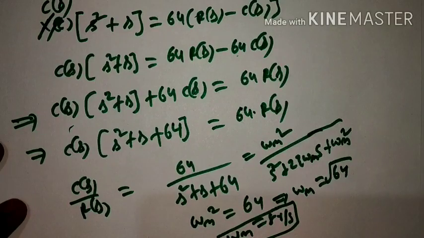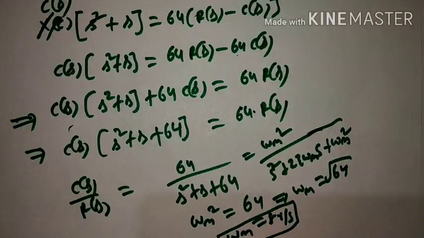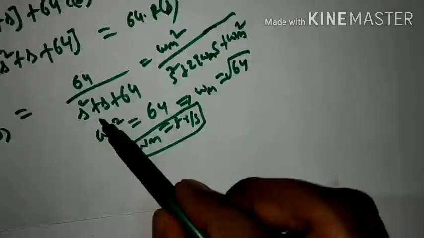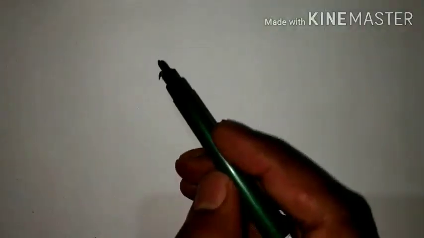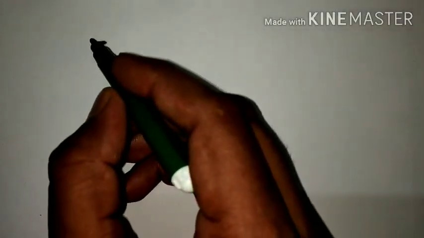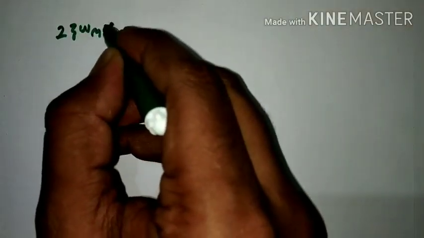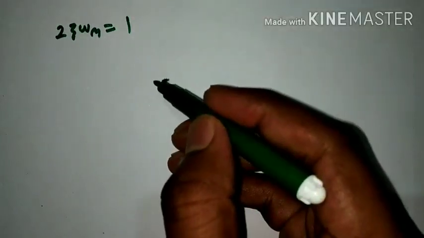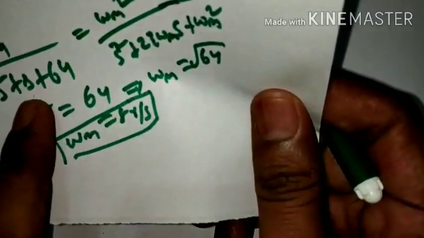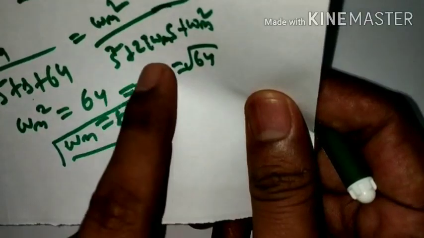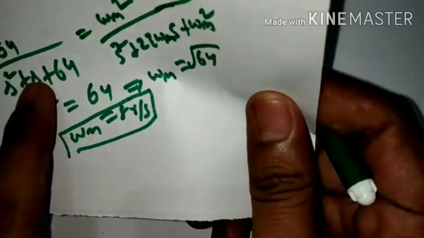So you have to find the damping ratio from this equation. When you compare the standard equation and this equation, 2 zeta omega n is equal to the s coefficient.